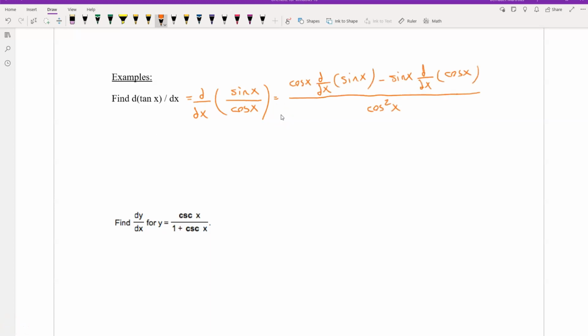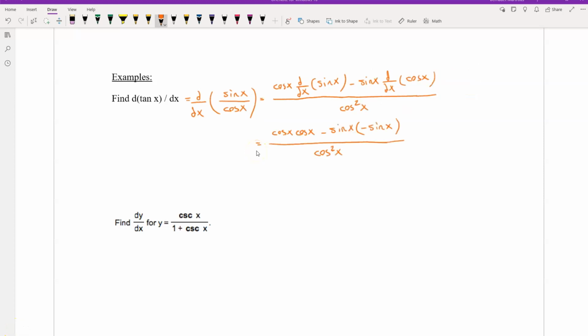And this is equal to the derivative of sine x multiplied by cosine x minus the derivative of cosine x multiplied by sine x, divided by cosine squared x. And this is equal to cosine x.